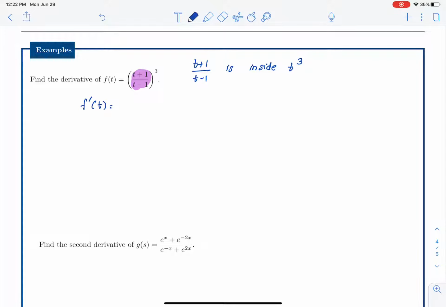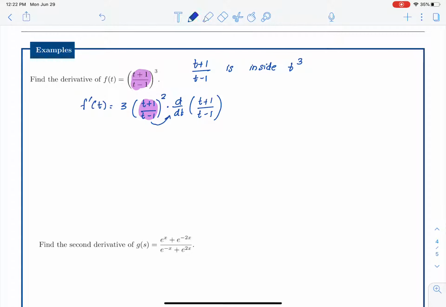So the derivative would be 3 times t plus 1 over t minus 1 squared, multiplied by the derivative of t plus 1 over t minus 1. That is the function which is inside.